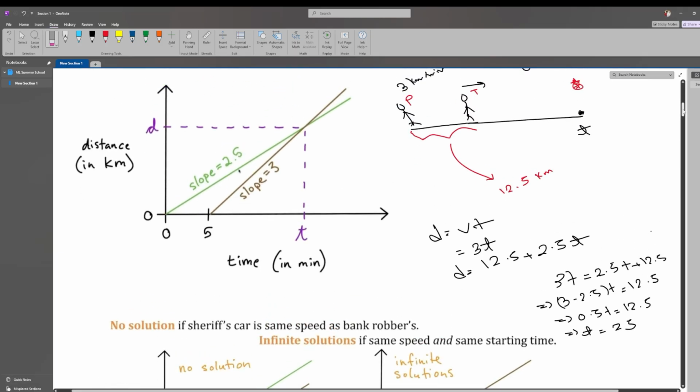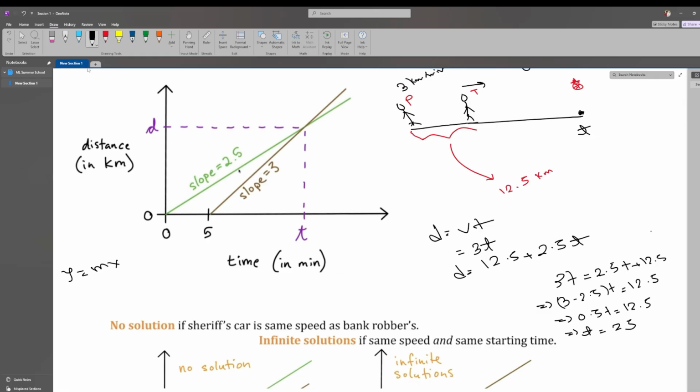Now you can say, well, what is this slope? Let me write the equation y equal mx. If you know about this equation, y equal mx, m is the slope. If you look into these equations, you can easily understand d equal vt.